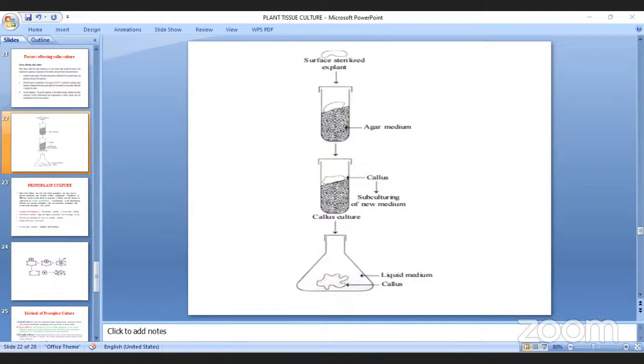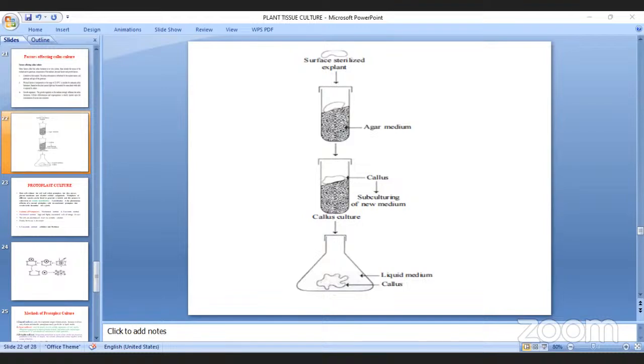But in callus culture, we don't use any orbital shakers. We cannot apply any agitation to the culture media. But in cell culture, we should agitate the culture media. Agitate means creating some pressure to separate the cells. So that is the small change, but the rest is all the same. That is the small difference between cell culture and callus culture.